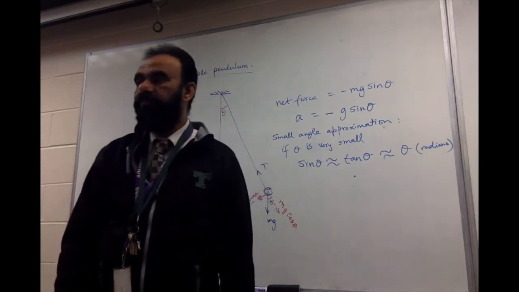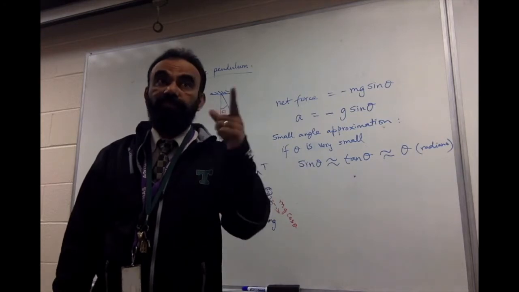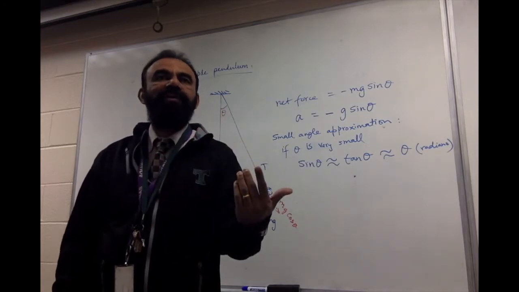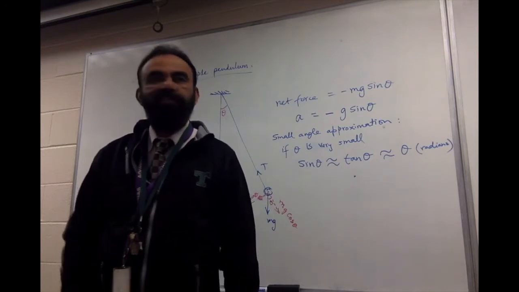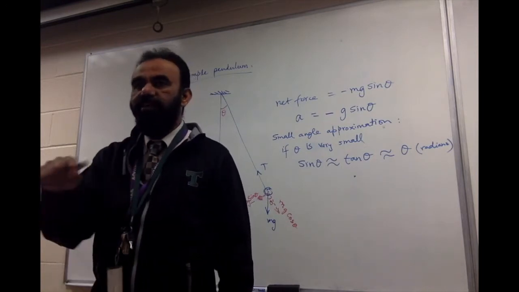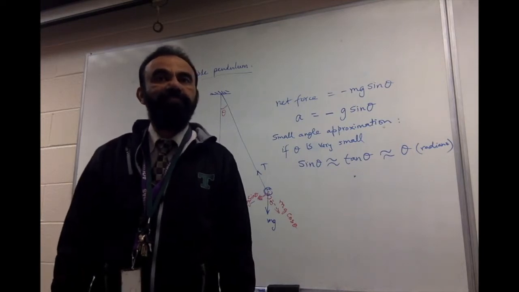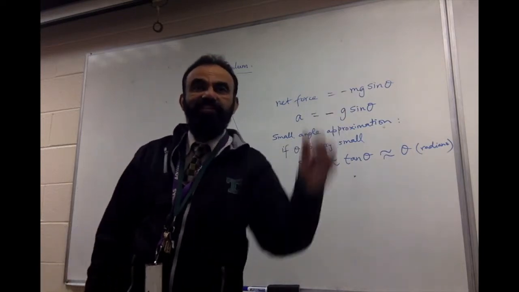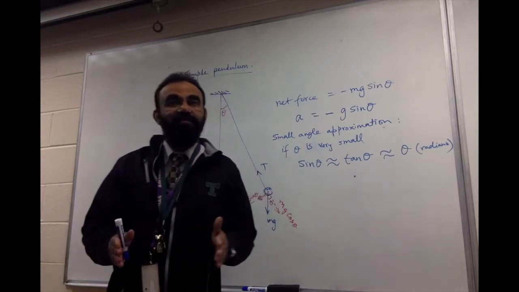Yes, they're almost the same. If it is 1 degree or 2 degrees, check it out. Sine of 2 degrees, tan of 2 degrees. It's nearly the same. Only the last couple of digits have changed, but you can see the answers are very, very close.